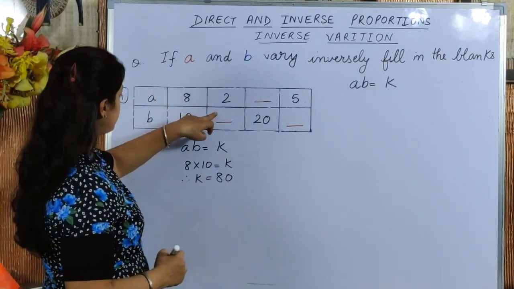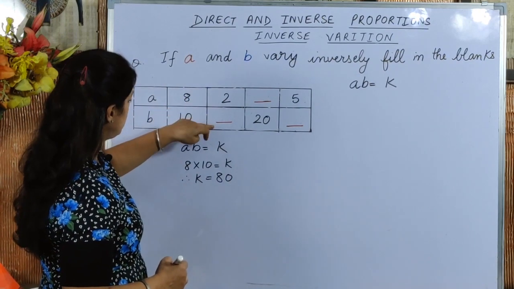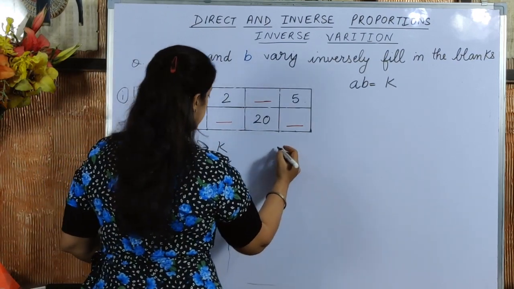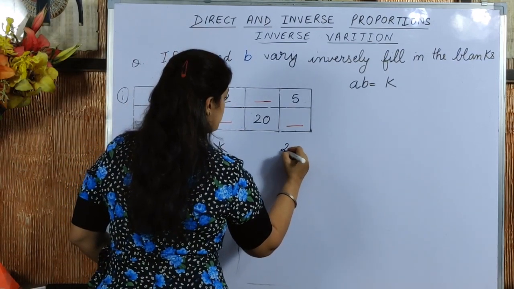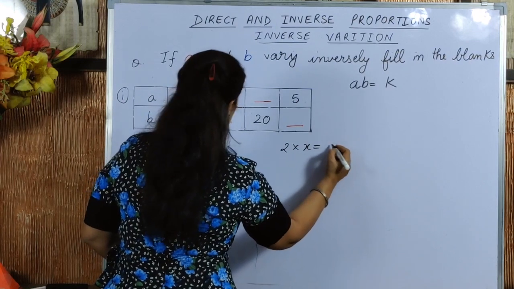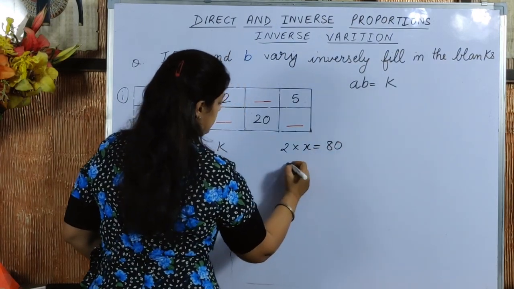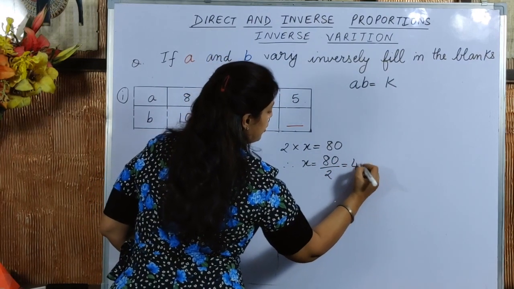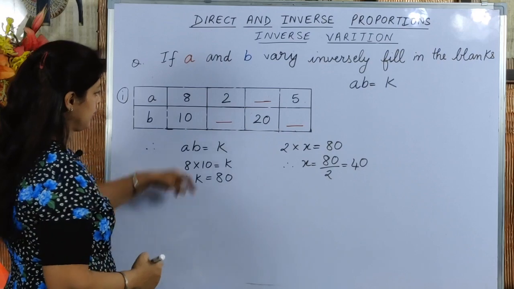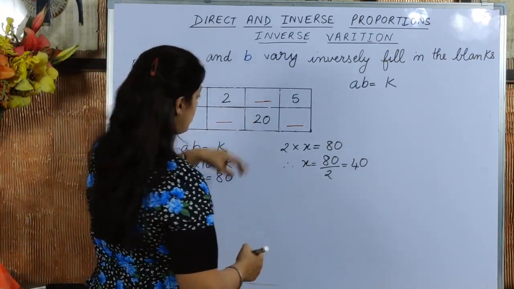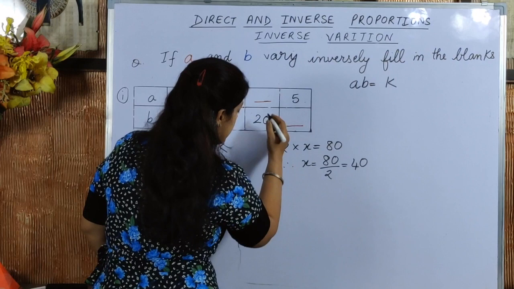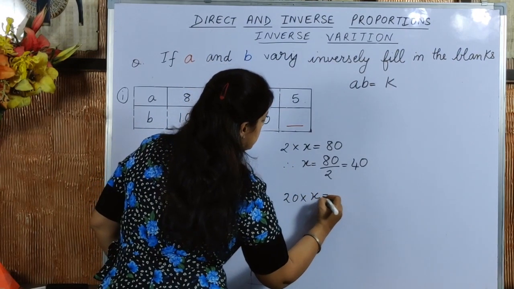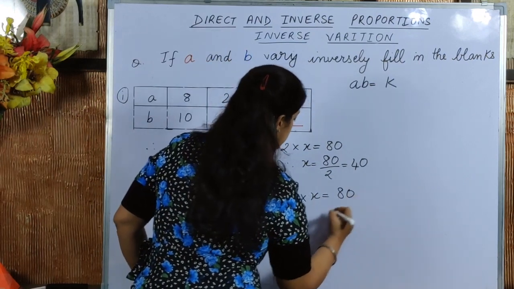To find the next value, here the value of A is given as 2, B is not known. So we can take the value of B as X and find it. 2 into X is equal to the constant K. Therefore, X is equal to 80 divided by 2, which is 40. In the third column, A is not given to us. Again, we take A as X. Therefore, 20 into X is equal to 80.